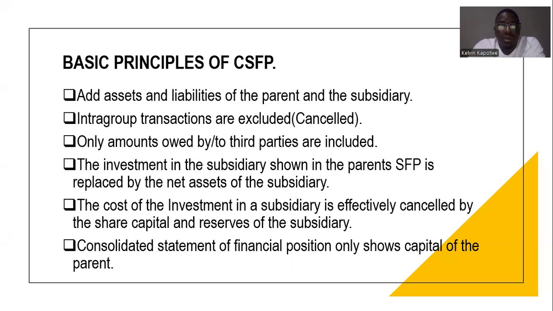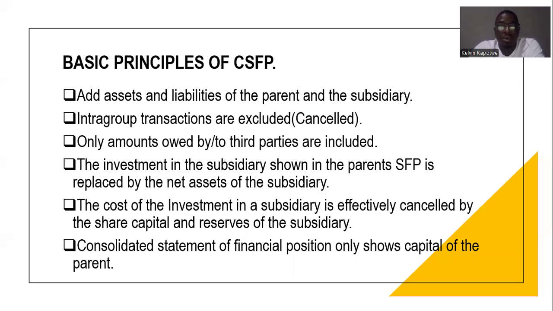Only amounts owed by or to third parties are included. The investment in the subsidiary shown in the parent's statement of financial position is replaced by the net assets of the subsidiary. So at consolidation, the investment in the balance sheet of the parent company must be eliminated and replaced by the net assets of the subsidiary.